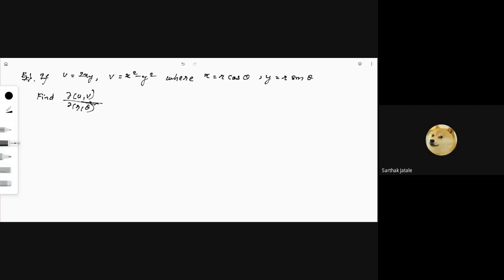So it is minus r into 2x square plus 2y square. Minus r into 2x square plus 2y square. Sir, it is 4. What is x square plus y square? You can put the values of x and y. x square plus y square will be equal to r square.